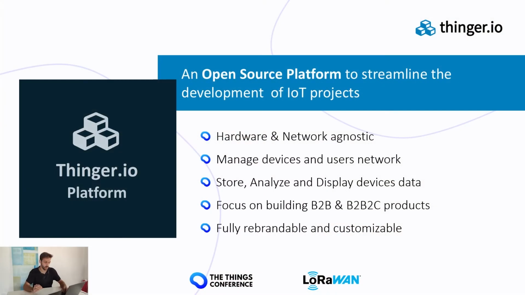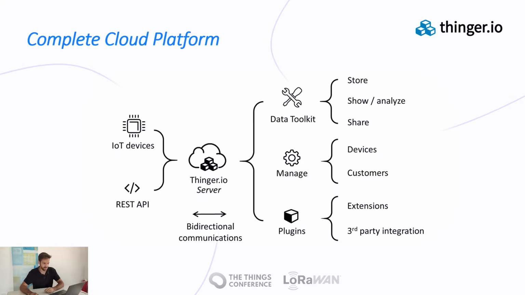But first of all, we are going to take a brief introduction to Thinger.io, which is an open source platform specifically created to streamline the development of IoT products and multi-tenancy projects, with no-code or low-code orientation that allows to reduce time to market and increase the efficiency of the development team. This platform is hardware agnostic, so it allows to retrieve data from any kind of connected device, no matter if they are Linux-based, Arduino, MQTT, HTTP, or even low-power solutions.